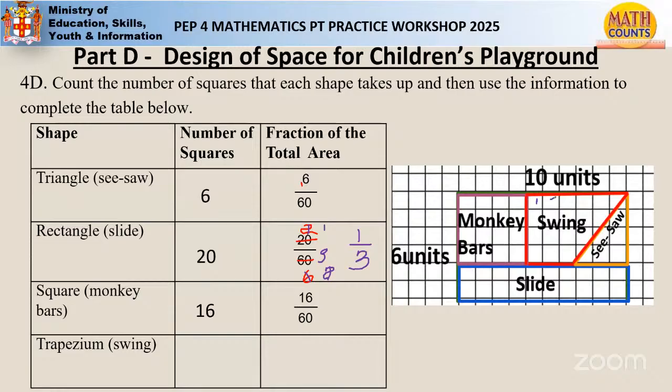1, 2, 3, 4, 5, 6, 7, 8, 9, 10, 11, 12, 13, 14, 15. So we have 15 whole squares, nothing to drop off of them.